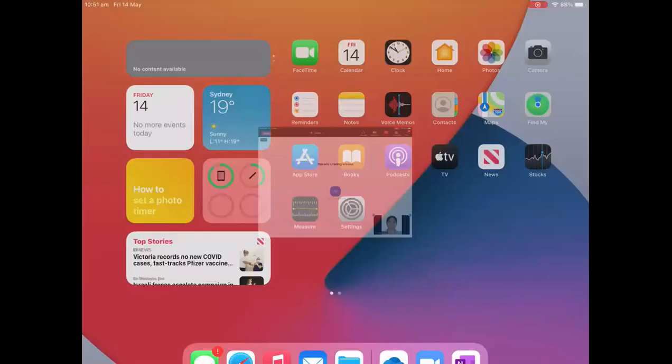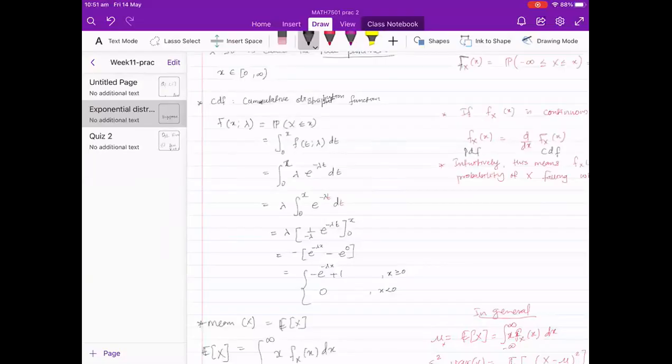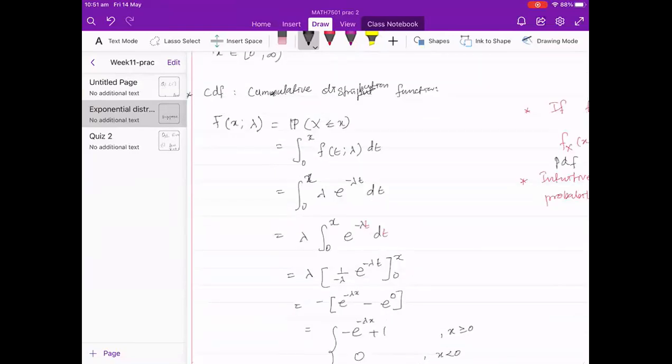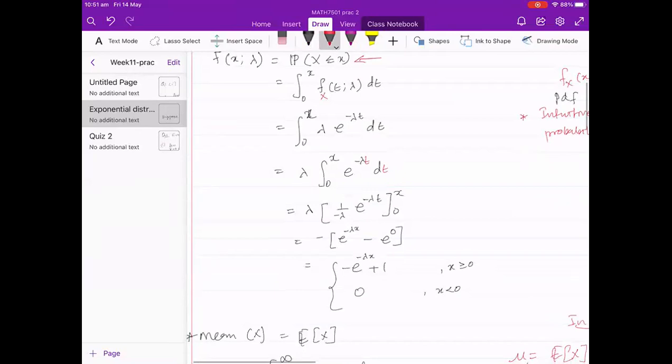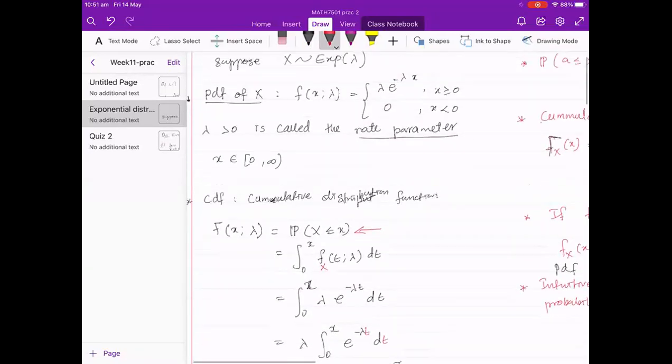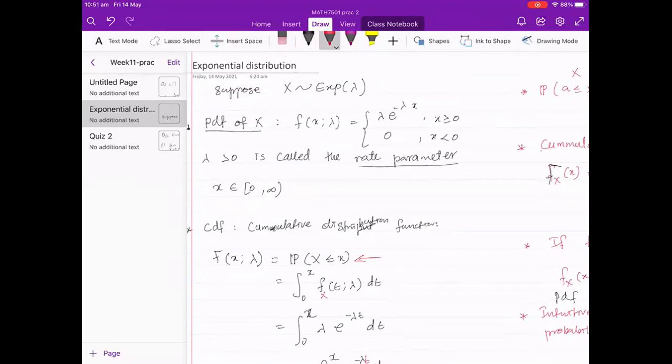I can show you. By definition, this is the definition that I discussed previously. This is f of t dt, and the bounds are from 0 to x, because X is defined from 0 onwards.